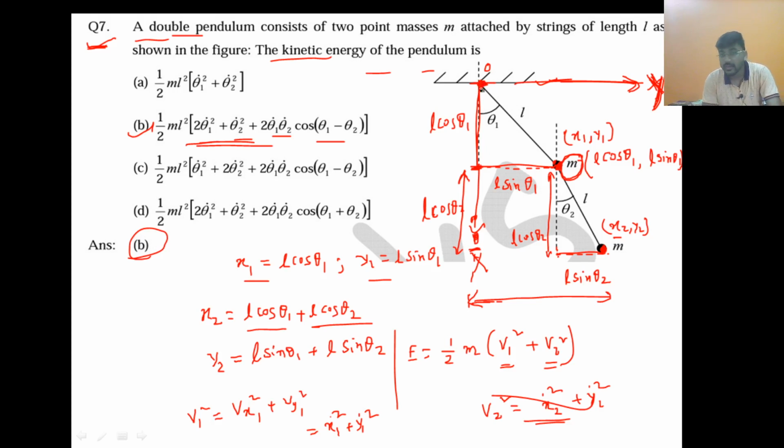We can choose the origin anywhere, also the x axis and y axis. Obviously you have to choose in such a way that the problem will be easy. If you choose the origin any other way, like here or here, then you have to know this distance or this distance also, and then the problem will be unnecessarily complicated.